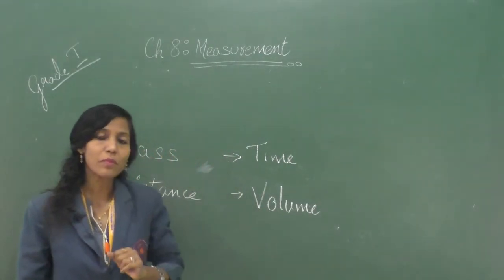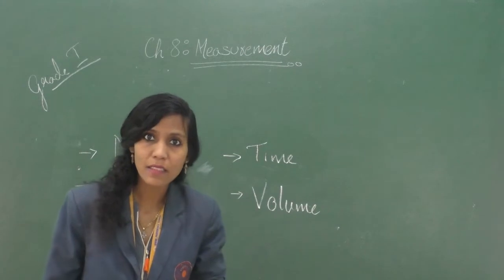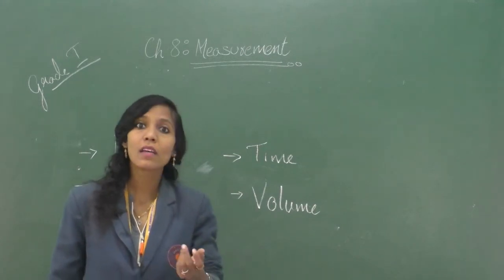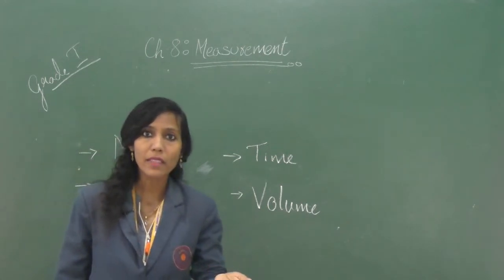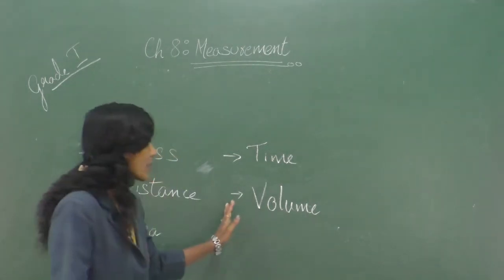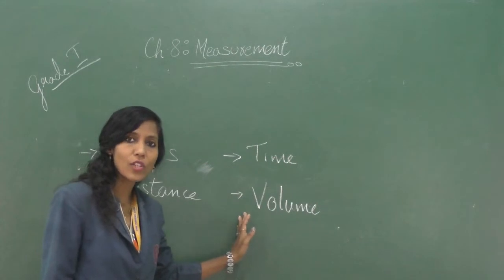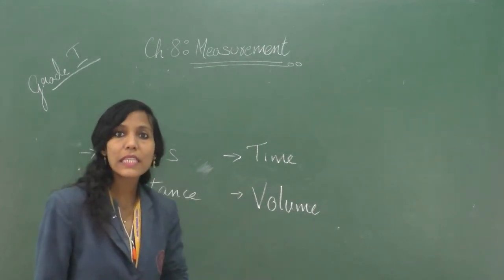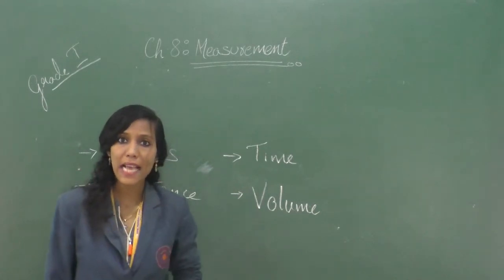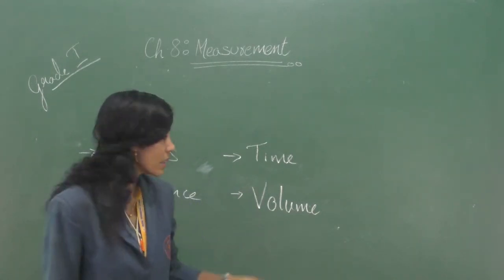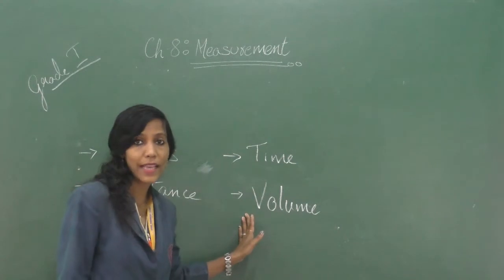To measure time, we use seconds or minutes, hours, day, year, month, and so on. And the last one, volume. In case of volume, the units which we use are gallons, ounce, liters, and so on.